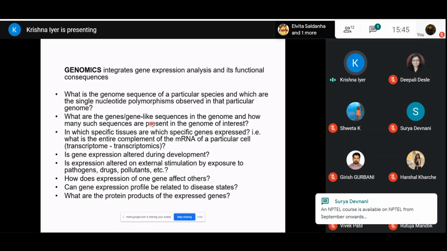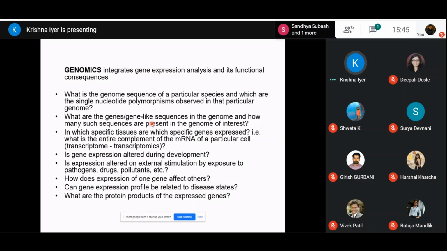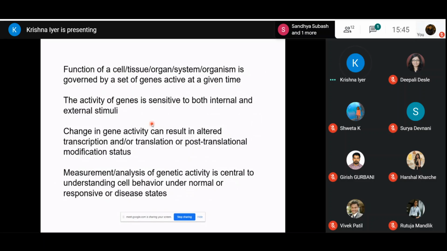All of these questions are typically asked when you are talking about the genomics aspect of understanding a biosystem. What is important is that you realize that the function of a given cell, and therefore the related tissue and the organ which the tissue ends up making, and the organ system and the organism, are all governed by the set of genes that are present at a given time.